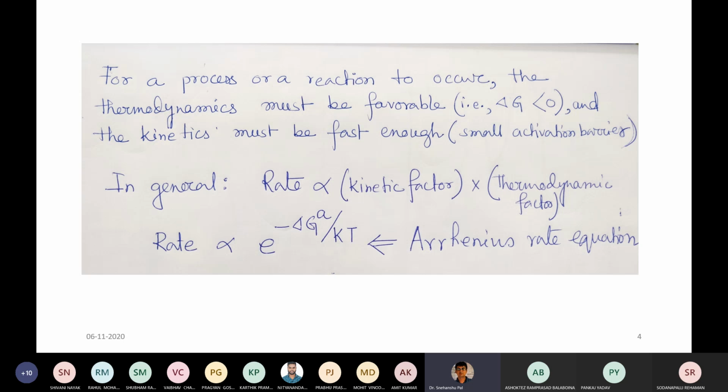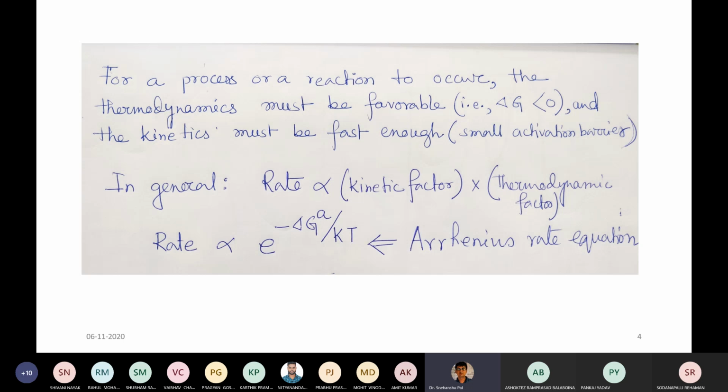You get that feasibility criterion from the thermodynamic factor, which is directly related to del G, which must be negative, meaning thermodynamically the process must be favorable. And then you can get an equation, that is the Arrhenius rate equation. Rate varies as e to the power minus activation energy by kT, and T is on the absolute scale.